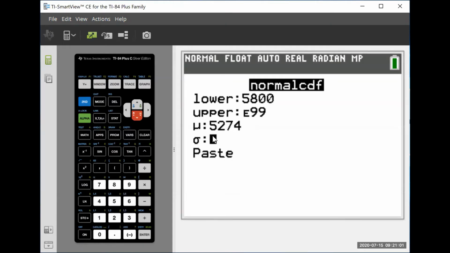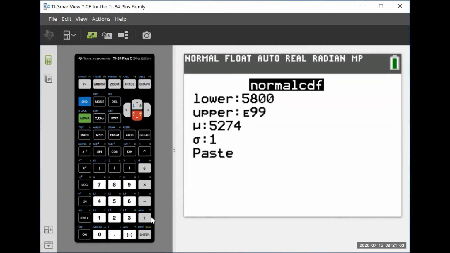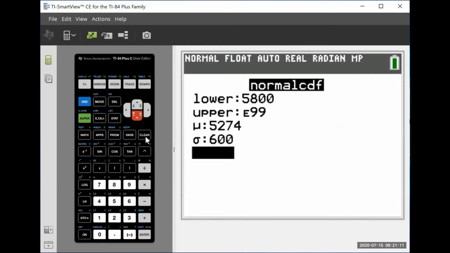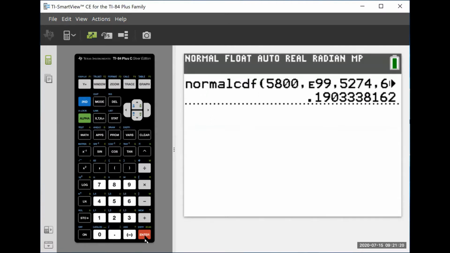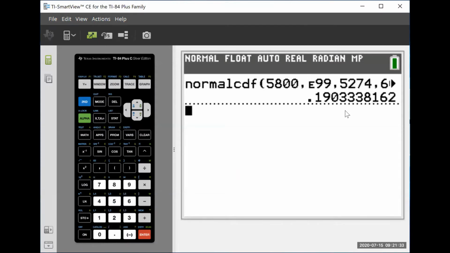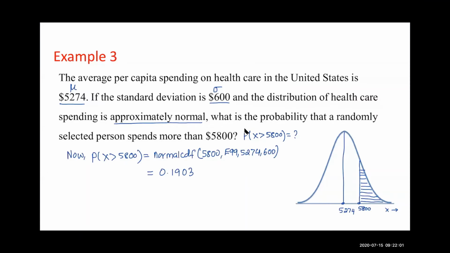And the standard deviation given was 600. So we type that 600. And we paste all this information in the main screen so that it looks like the way we have written on our paper. See, it is exactly the way we wrote on the paper. Then hit enter to get the result. So if you write that up to 4 decimal places, it should be 0.1903. So the probability is 0.1903.